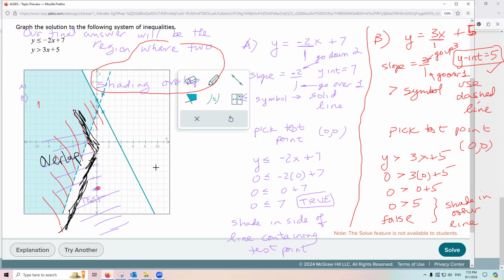Or maybe you want to do it with highlighter colors. So you can shade the one inequality red, shade the other inequality blue, let's say. And then where you see the two shadings sitting on top of one another, that is your final answer. That is the region you should be shading in as your answer for this type of topic here.